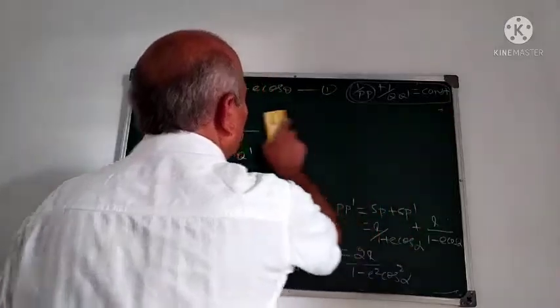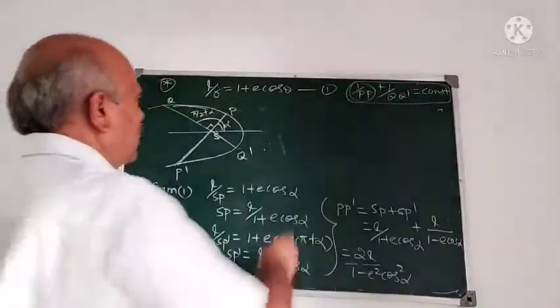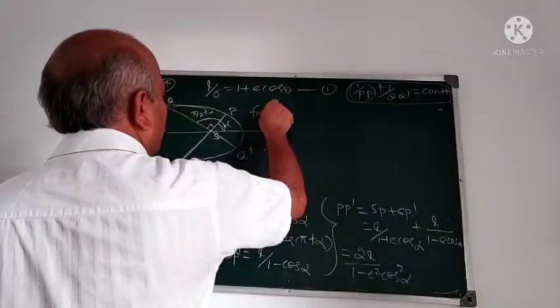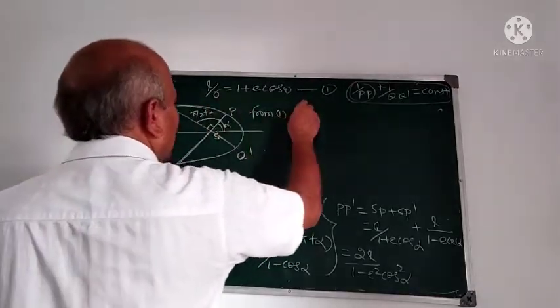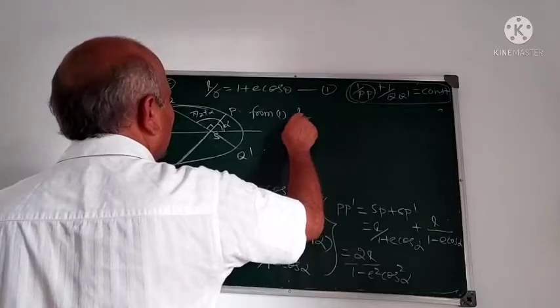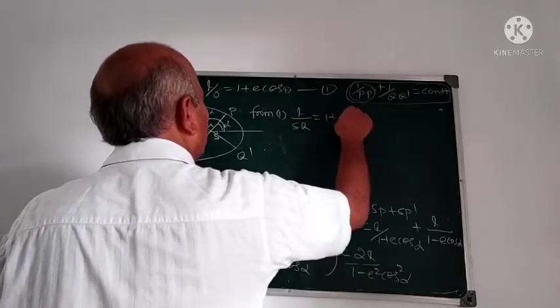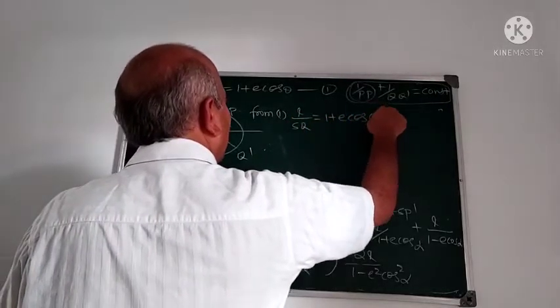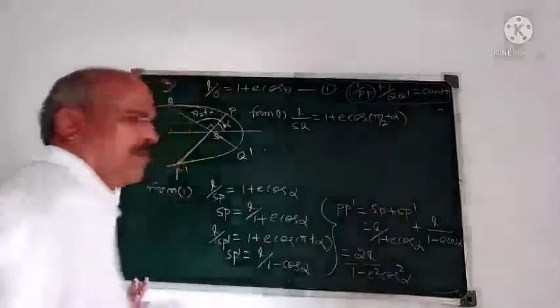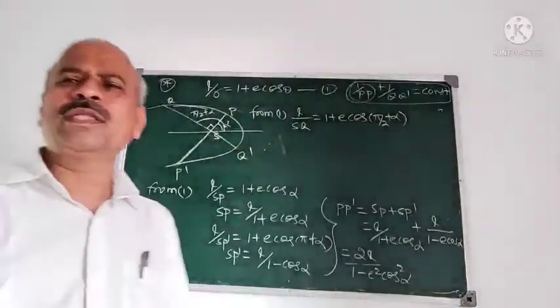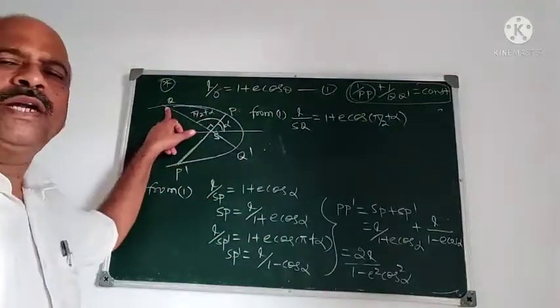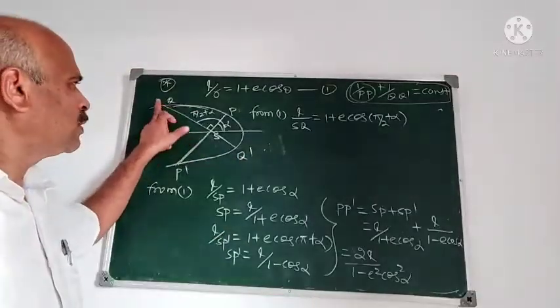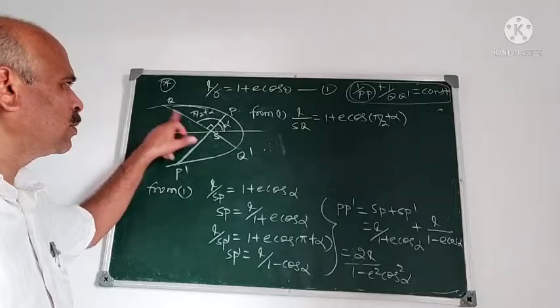Similarly, you have to find out Q dash. For that, from 1, since Q lies on this, L by SQ is 1 plus E cos of pi by 2 plus alpha. This is quite simple. I think all of you followed this one. See, point Q. For this point Q, what are the polar coordinates of Q?